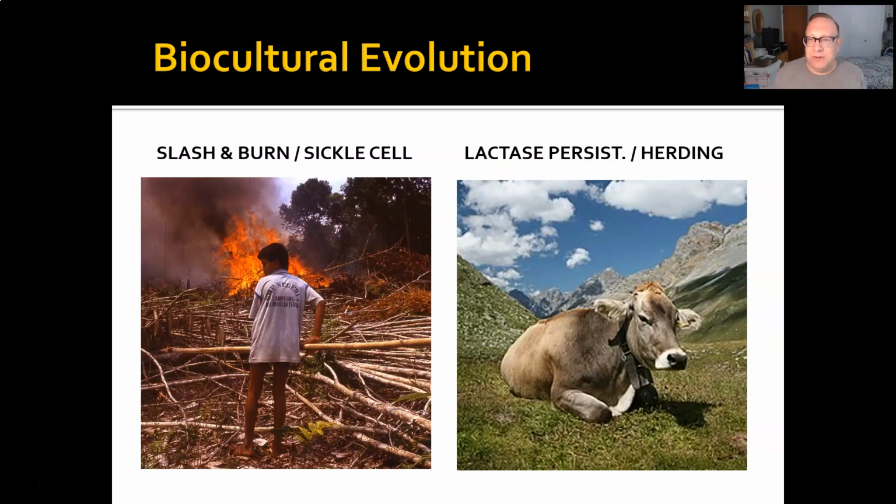Some great examples of biocultural interactions are slash and burn agriculture and the prevalence of sickle cell genes in particular areas. Sickle cell is an adaptation to the presence of malaria-carrying mosquitoes. A lot of places where slash and burn, and this is not burning down the Amazon slash and burn, this is localized swiddening.